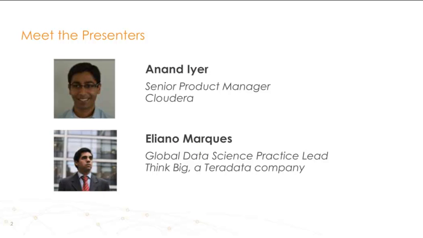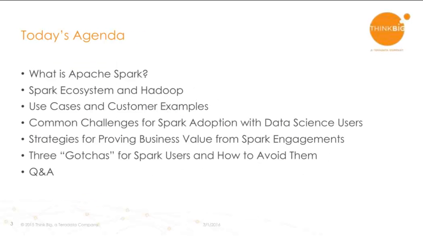If we could advance to the next slide for the agenda, because I don't have the ability to do so. All right, thank you. So today we're going to go over what is Apache Spark. We're going to look at where Spark fits in Hadoop's ecosystem. We're going to hear from both companies on use cases and customer examples.